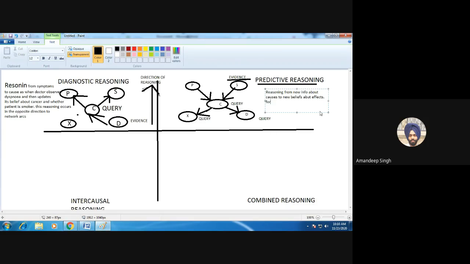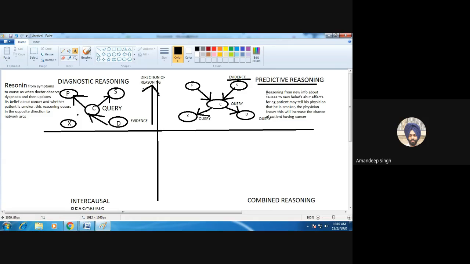For example, a patient may tell his physician that he is a smoker. Then the physician knows this will increase the chances of the patient having cancer.